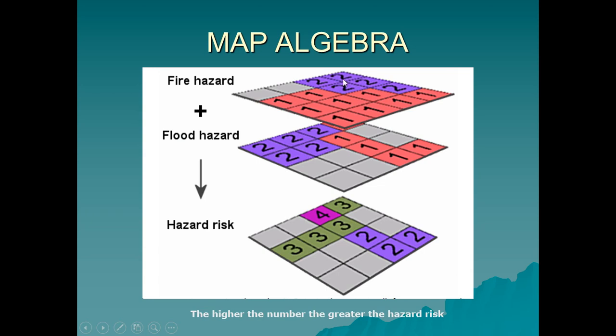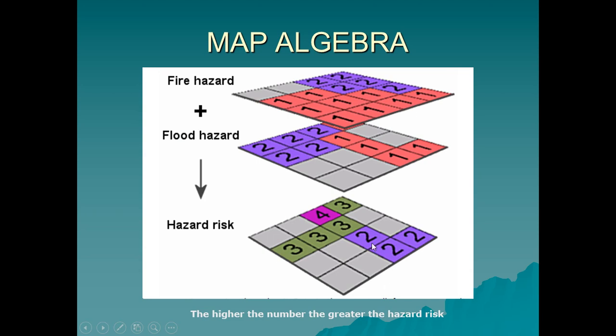When we add them together, for example, here this row here, we have a value here. So we see we add 2 and 1 together to get a total of 3. This cell here would be represented by 2 plus 2 to give us 4, and so on and so on.